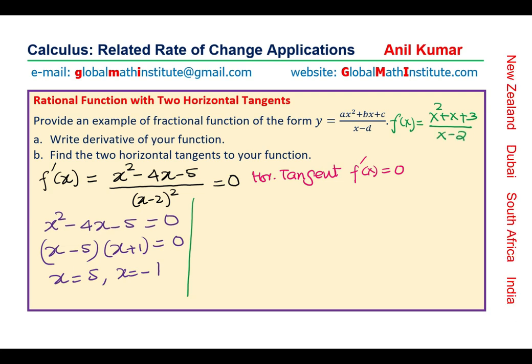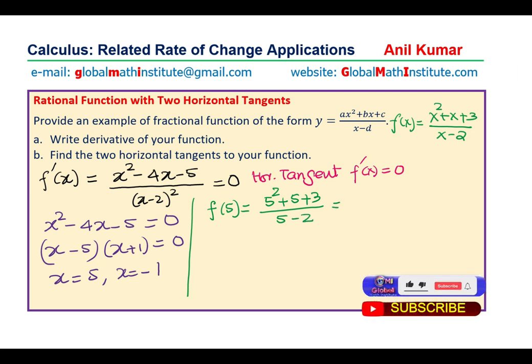So in this function, let me put the value 5. So what is f of 5 equal to? f of 5 will be 5 squared plus 5 plus 3 over 5 minus 2, correct? Which is 25 plus 5, 30 plus 3, 33 over 5 minus 2 is 3, which is 11.